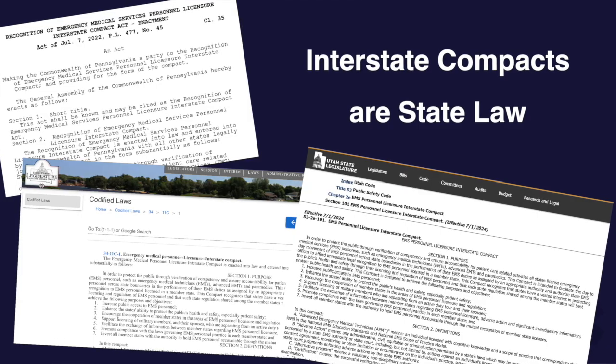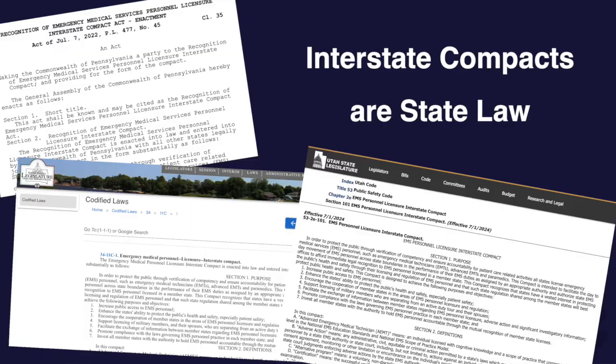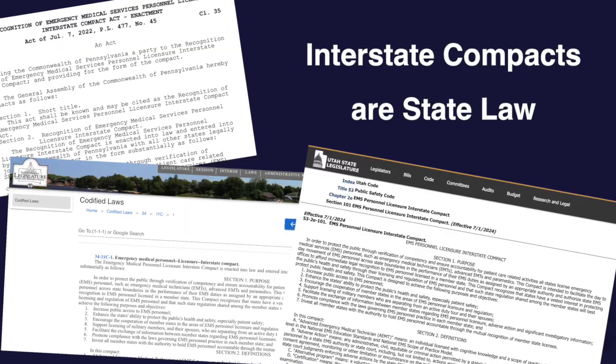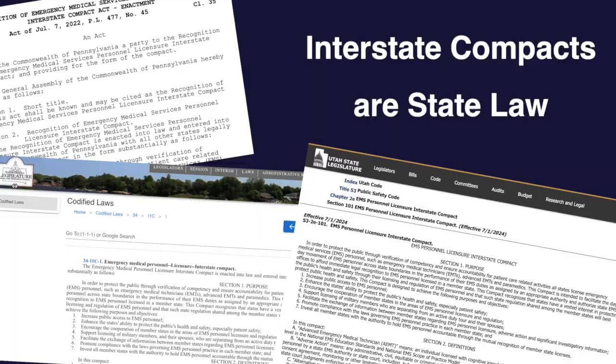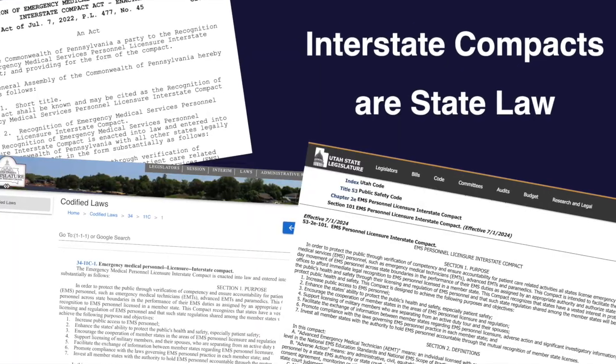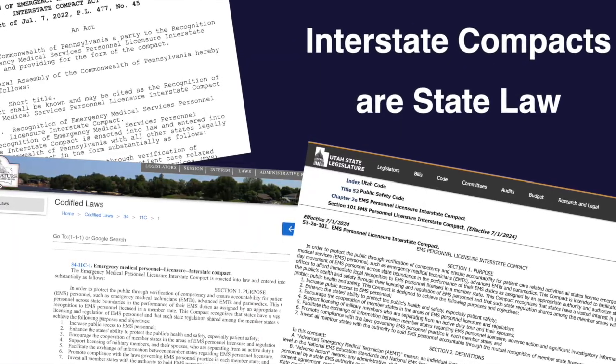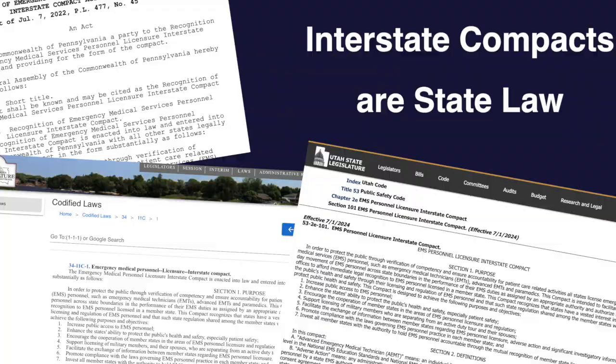I already mentioned that compacts are part of state law, and the EMS Compact is indeed part of state law. On the screen, you see a few of these examples from different states. And you can see that the model legislation has been adopted as state law and it becomes part of the EMS Act of that very state.